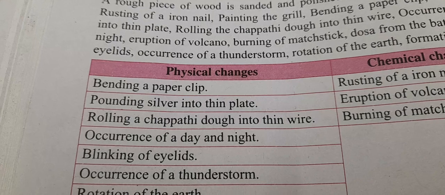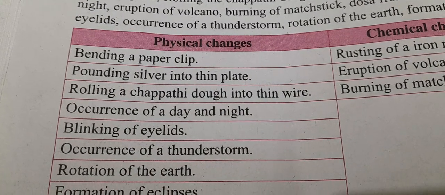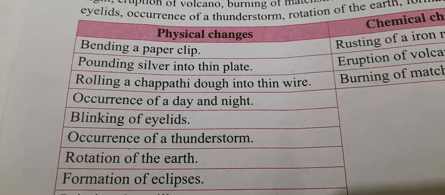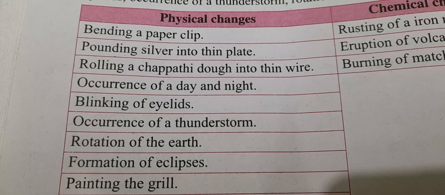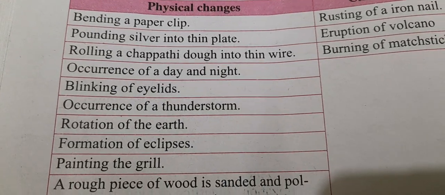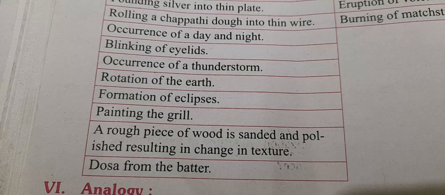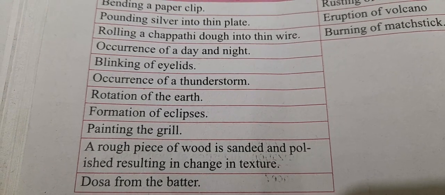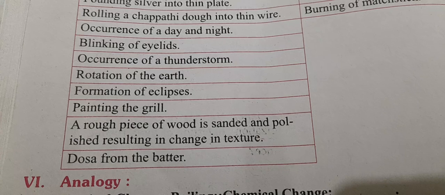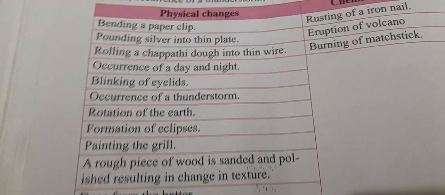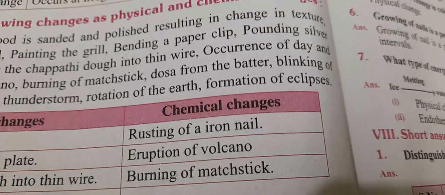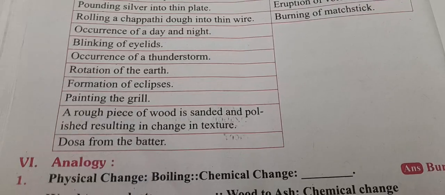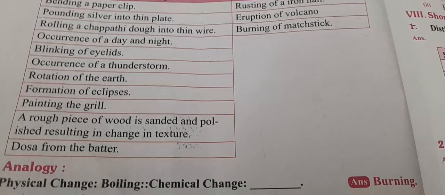Physical changes: bending a paper clip, beating silver into a plate, rolling chapati dough into a wire, occurrence of day or night, blinking of eyelids, occurrence of thunderstorm, rotation of earth, formation of eclipse, painting the grill, a rough piece of wooden stand polished, resulting in a change in texture. Chemical changes: rusting of iron nail, eruption of volcano, burning of matchstick.